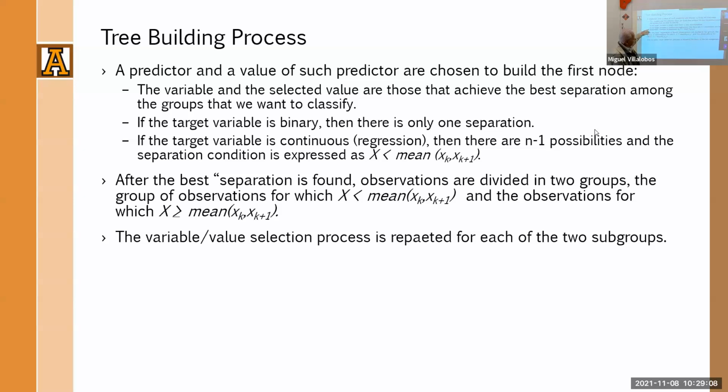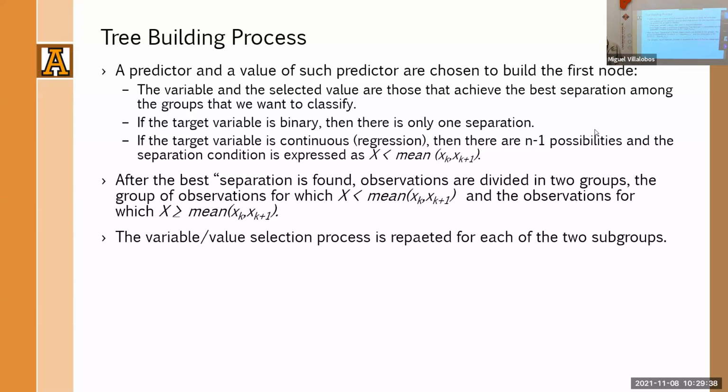If the target variable is continuous, for example, these trees are also used for regression, okay? They are called regression trees. If the target is a continuous variable, then we use regression, and if we have n data points, we will have n minus 1 possible separation points to do the split.